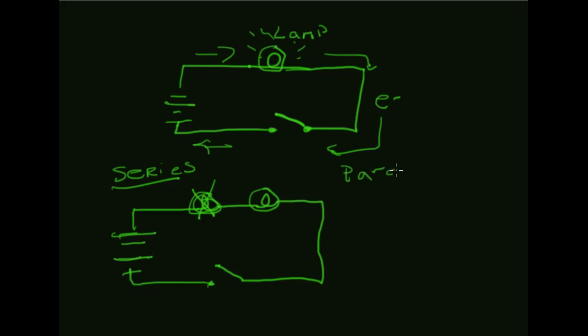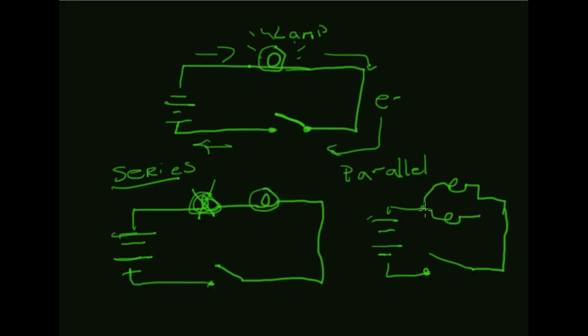The other option is to wire the lamps in parallel. It's the same structure here with a battery and the switch. However, when we wire the lamps in, they're on two separate little mini pathways. Got one up there, one down here, and these are wired in what's called parallel.